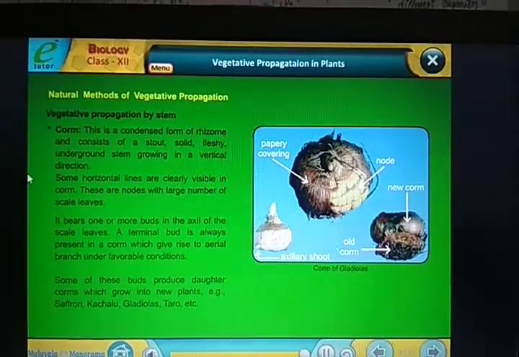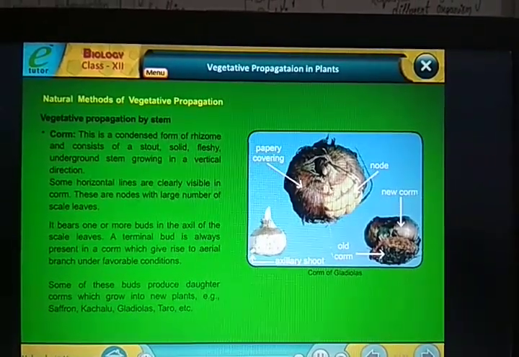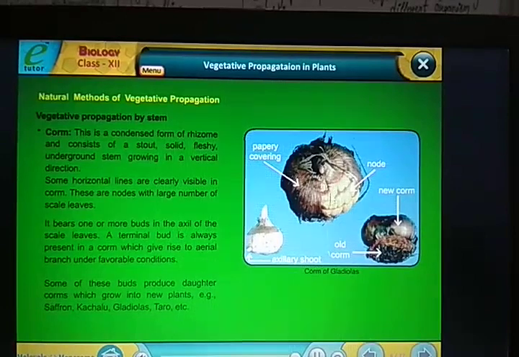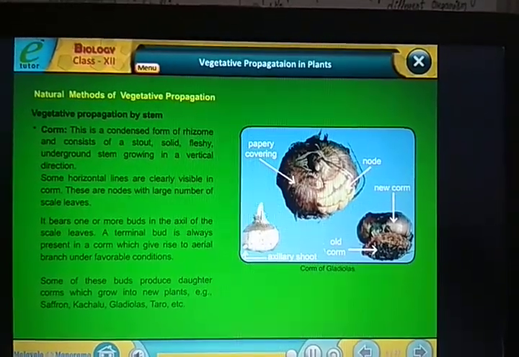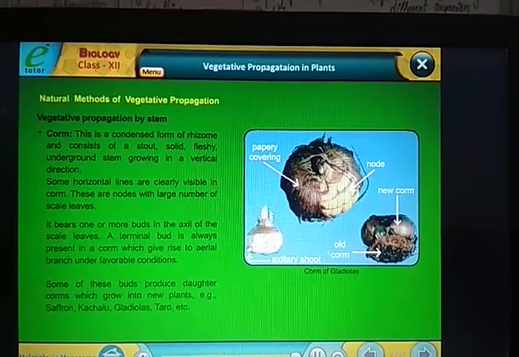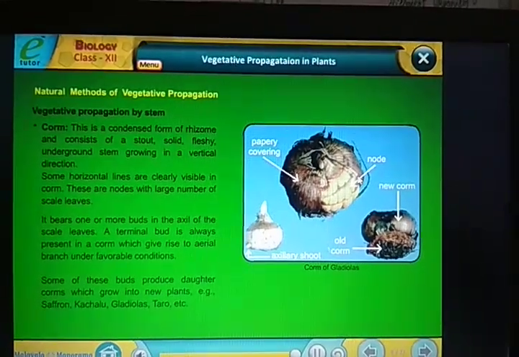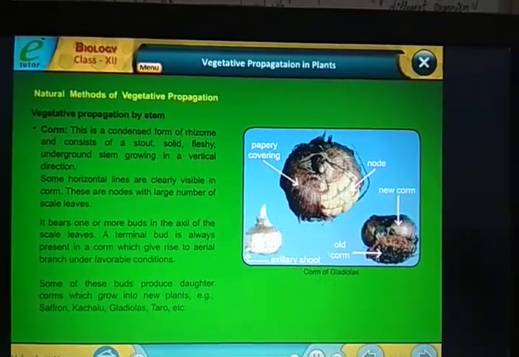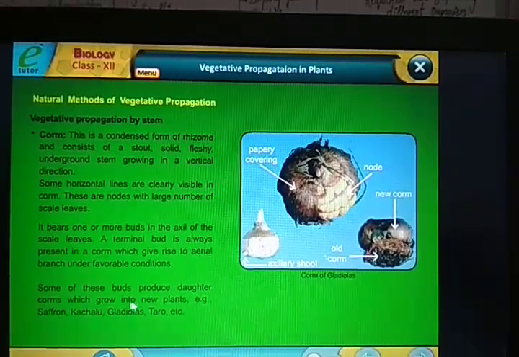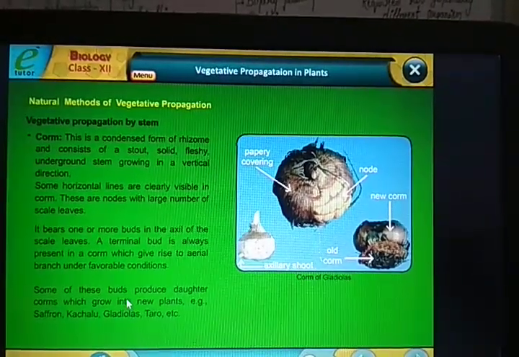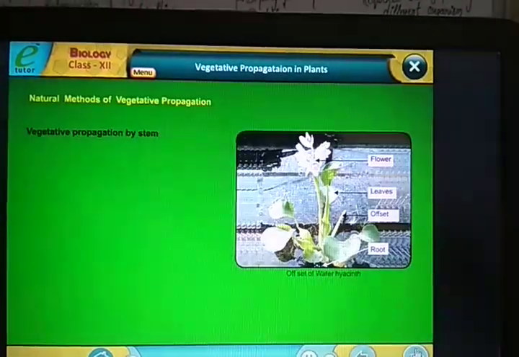The most important features of the stem, the presence of node and internode, are very clearly visible. And here these are the buds which help in propagation of new plants. This is the old corm, showing the node and internode. So this is the example of the corm present in different types of plants, which help in vegetative propagation.